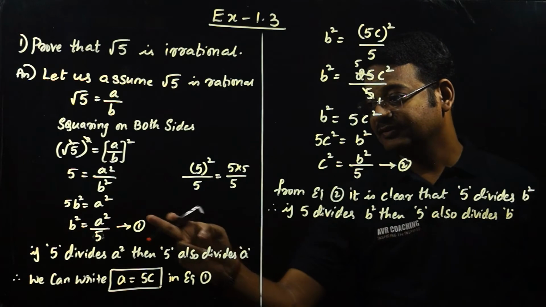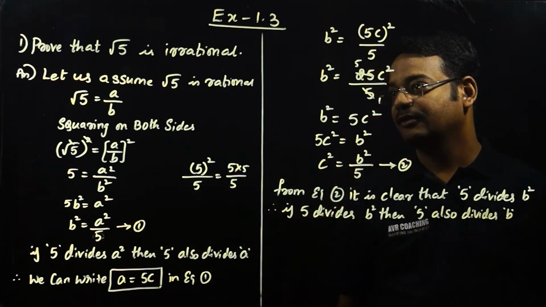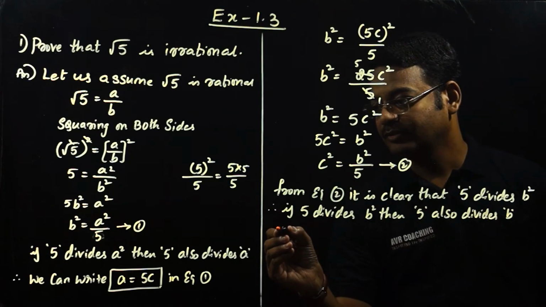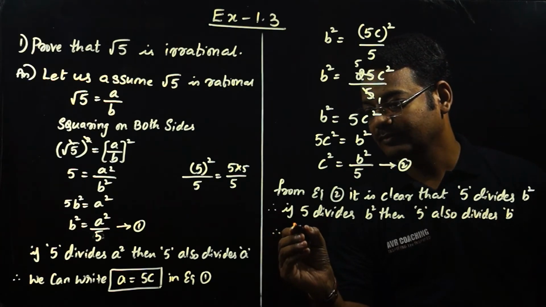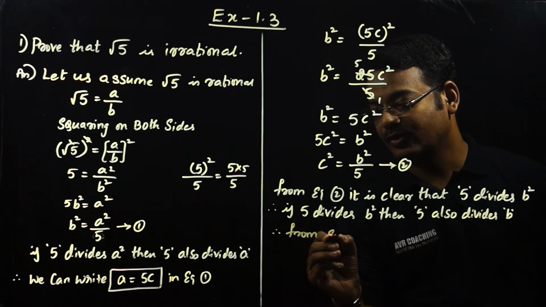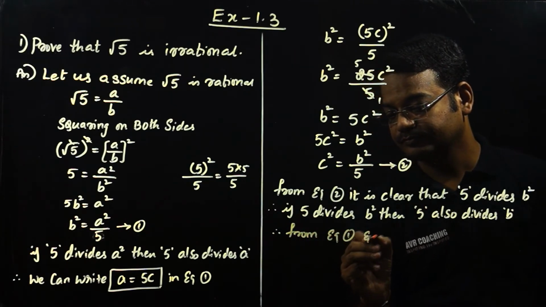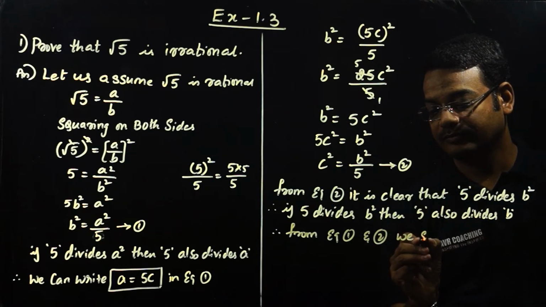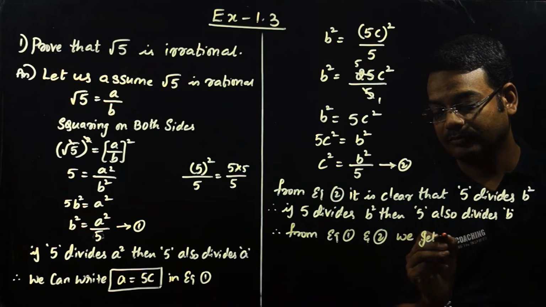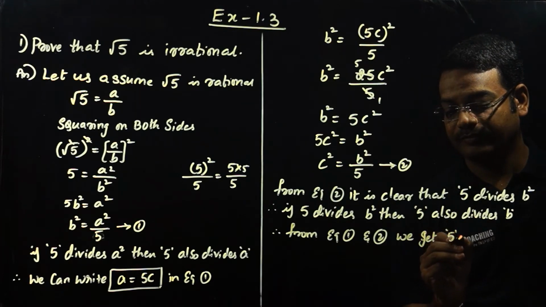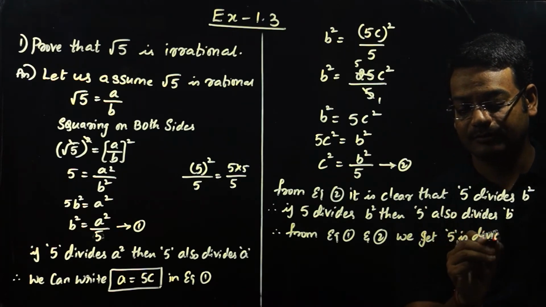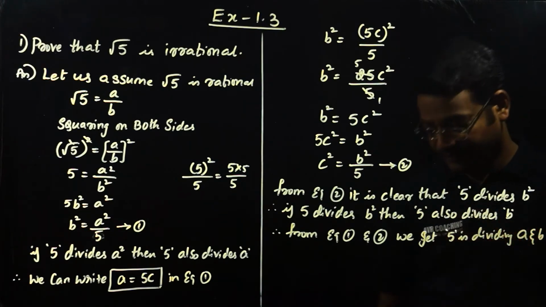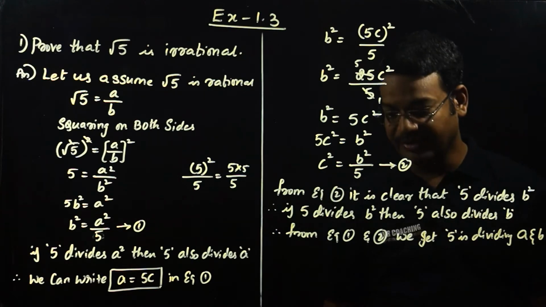Therefore, 5 divides a square and b square. Therefore, from equation 1 and 2, we get 5 is dividing a and b. 5 divides a and b.